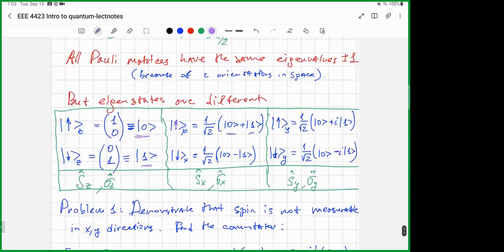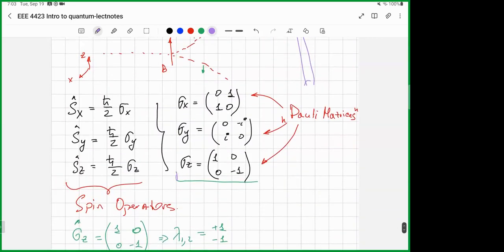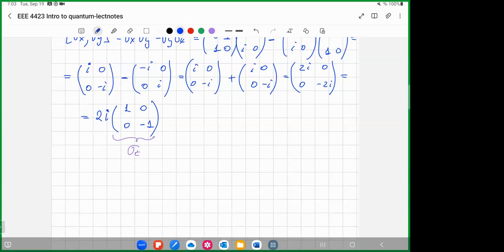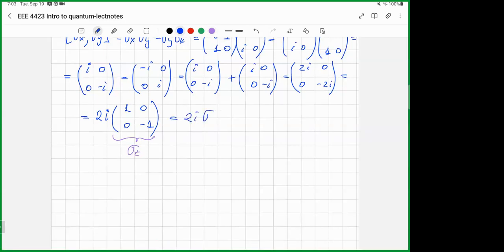And this last matrix coincides with sigma z. So it's equal to 2I times sigma z. So indeed the commutator of sigma x and sigma y is not equal to 0, and in fact it's equal to 2I sigma z.